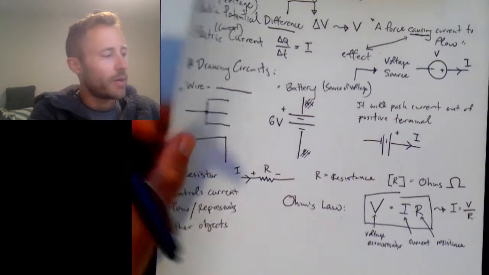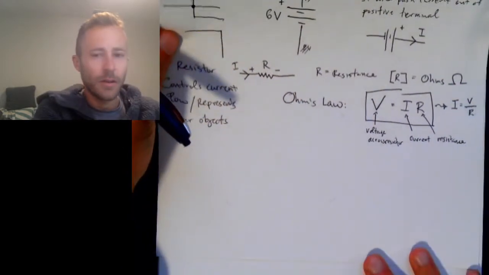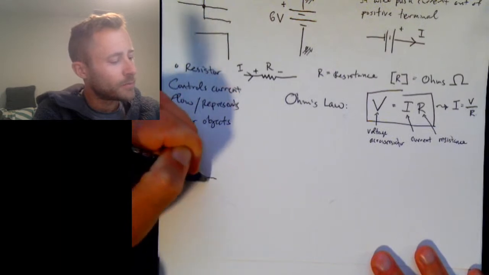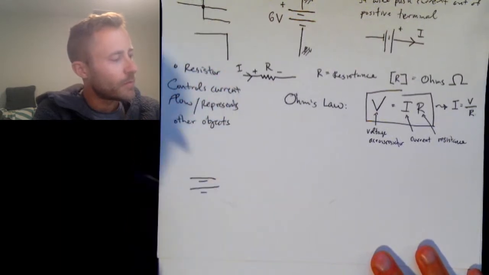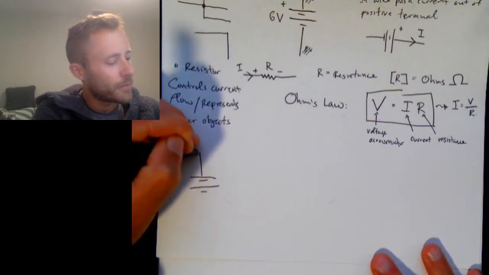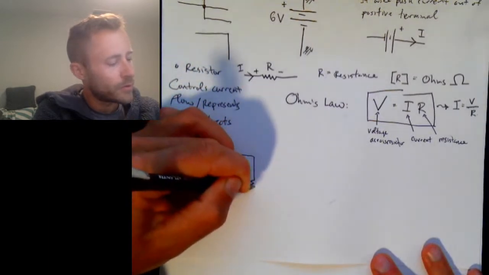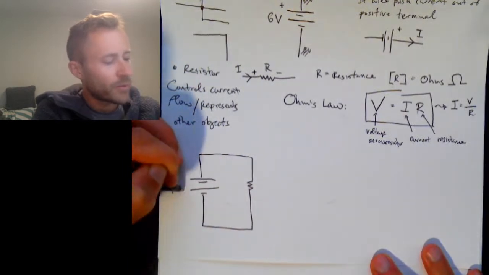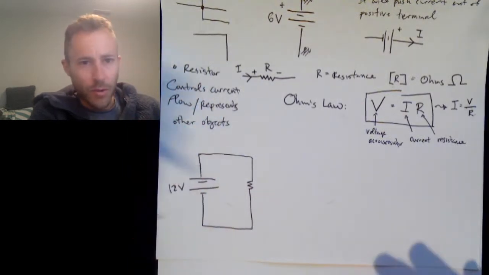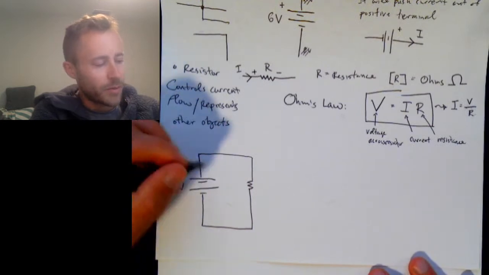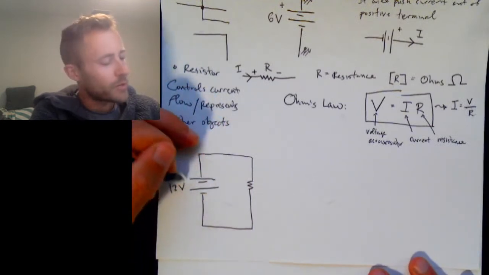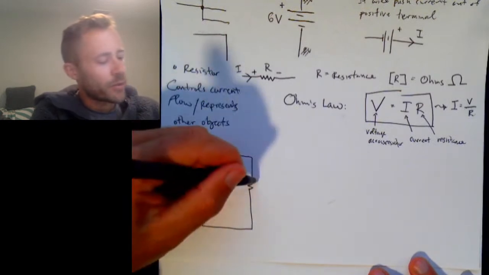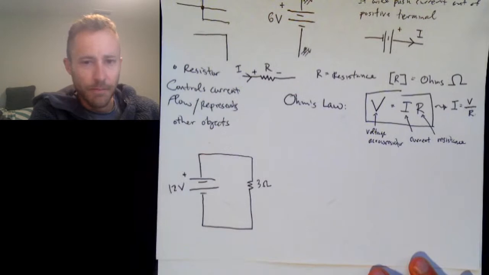So let's just do a basic problem here. This is the basic circuit. Suppose we have a 12-volt battery. And I won't always put the positive on the battery, but the longer line is the positive side of the battery. And then there's a 3 ohm resistor.